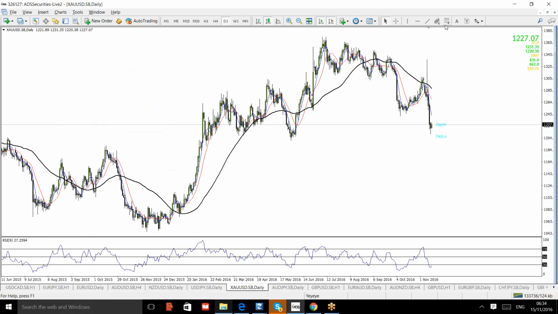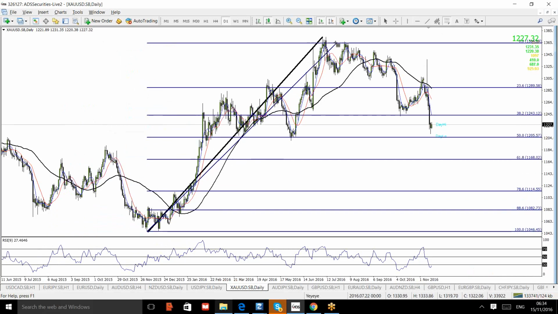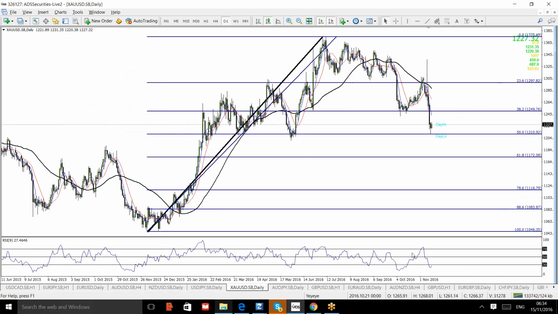Guys, if I want to take the retracement of this whole leg, this whole move starting from here till here, take out the retracement tool, start from the bottom where it begins and end where it ends. That's simple. Everybody knows this, right? And this gives you the retracement levels.